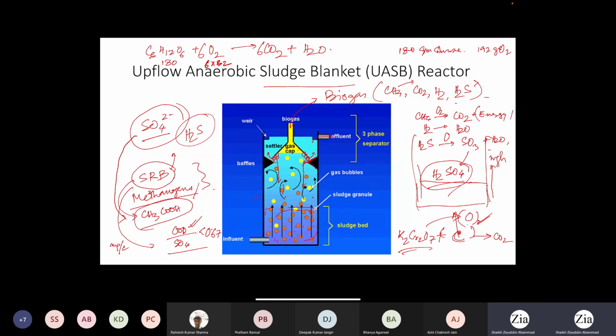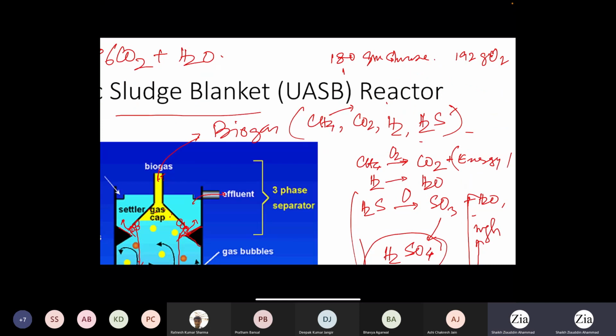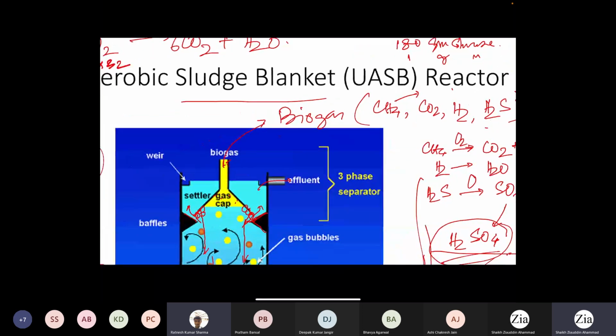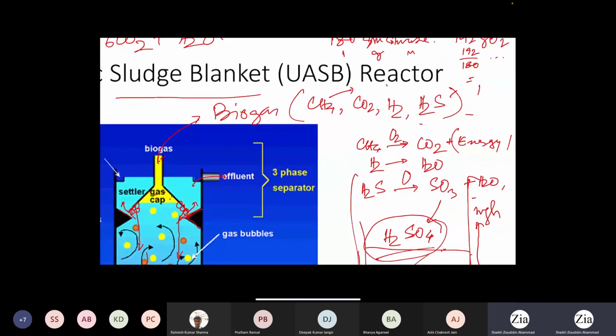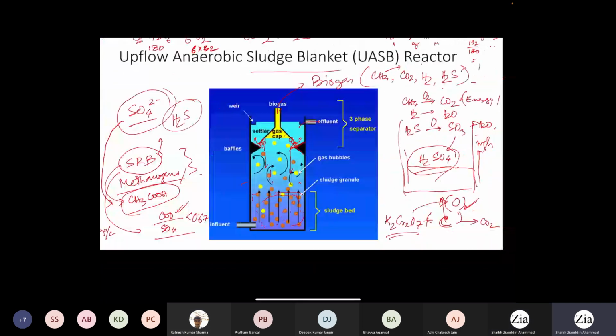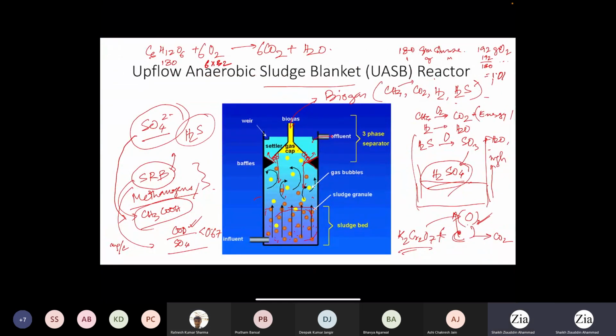So 1 gram glucose will require 192 by 180, and whatever value you get, it will come to somewhere around 1.066. So this value is the chemical oxygen demand of glucose, 1.066 gram O2 per gram.